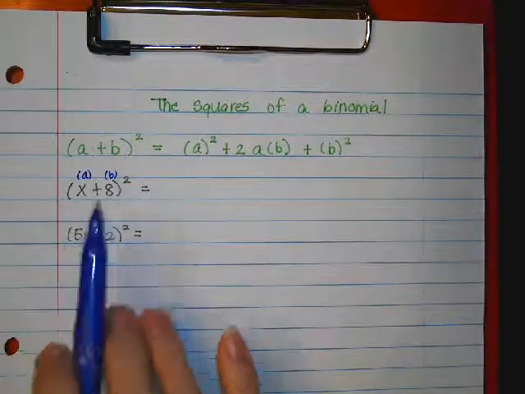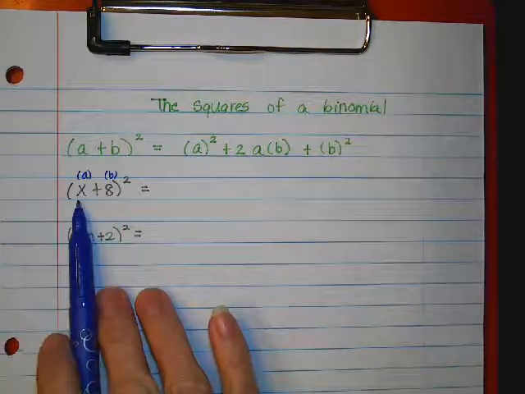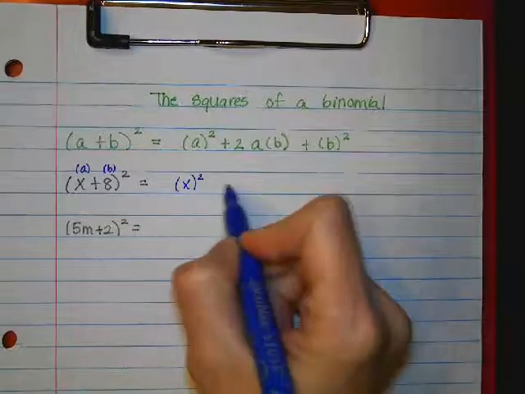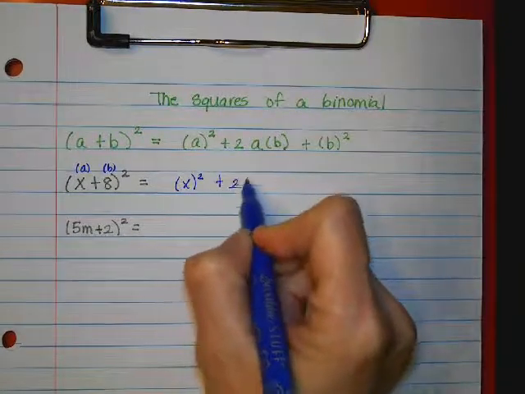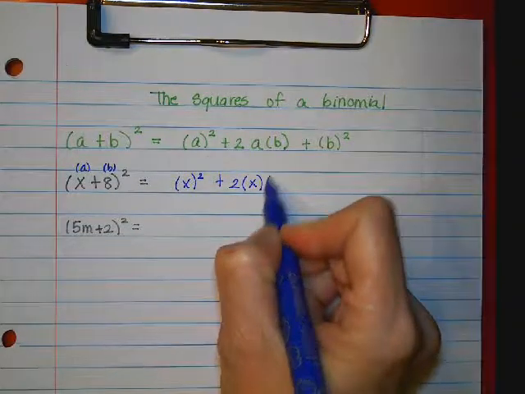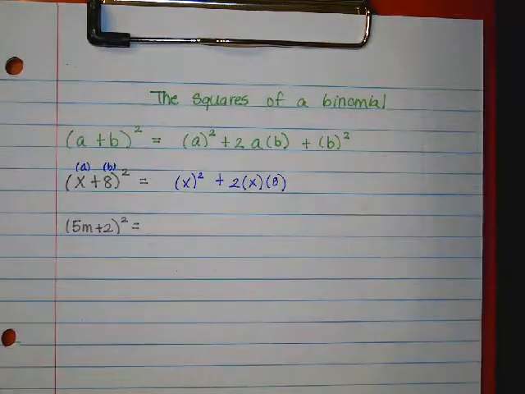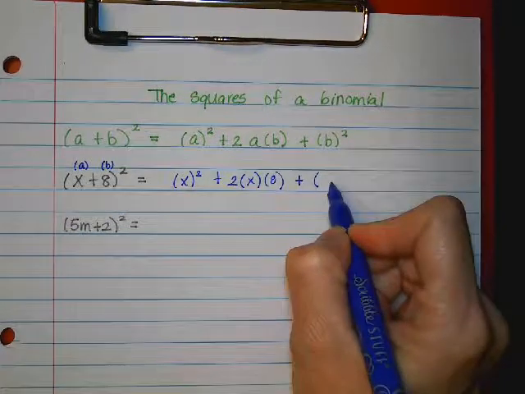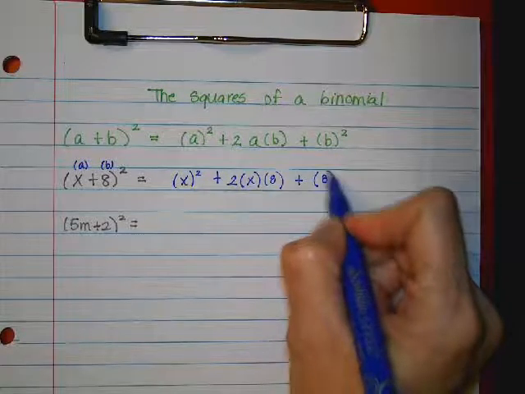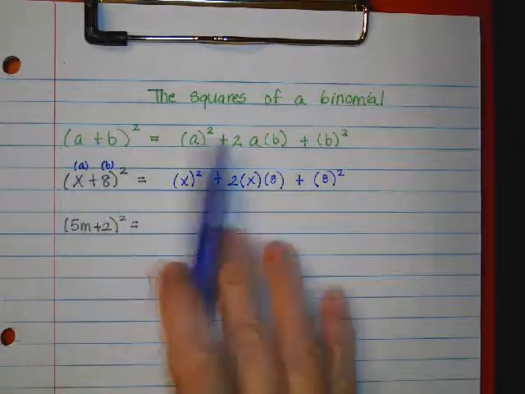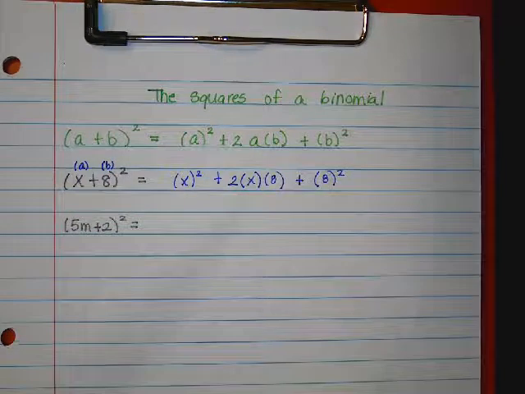So I'm going to take my a value, which is x, and square it, plus 2 times my a value, x, times my b value, 8. Plus, I'm going to take my b value, which is 8, and square it. When it's plus, all of these signs are positive.